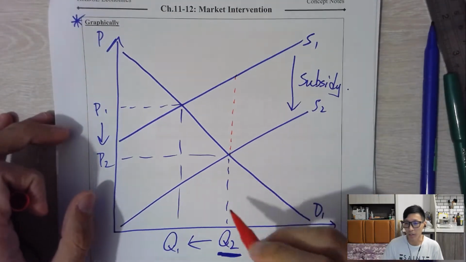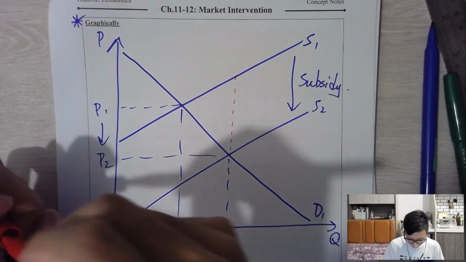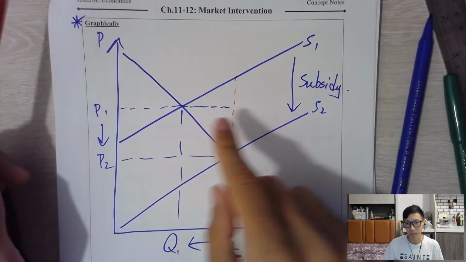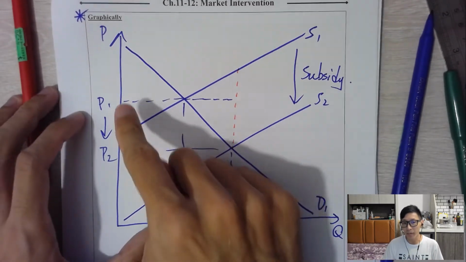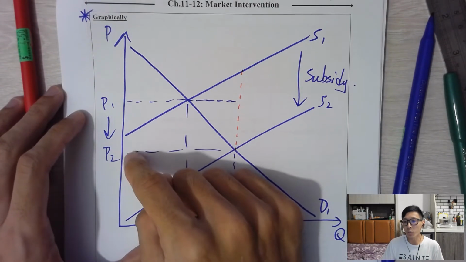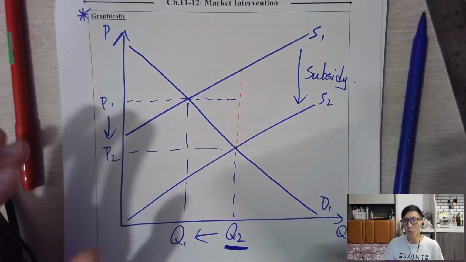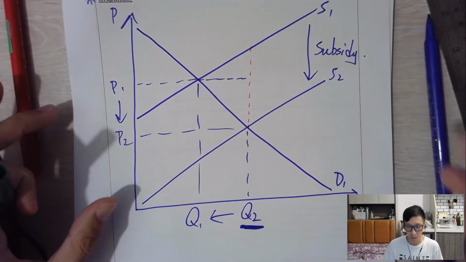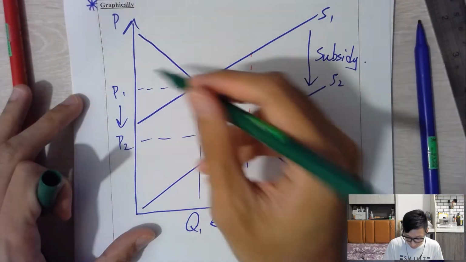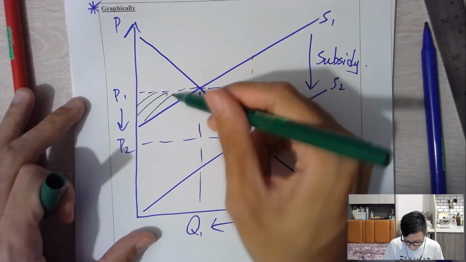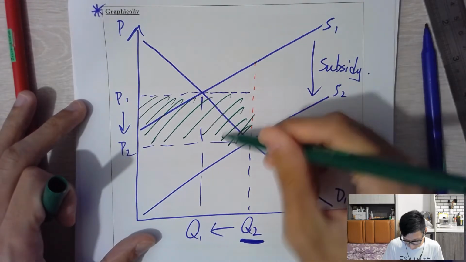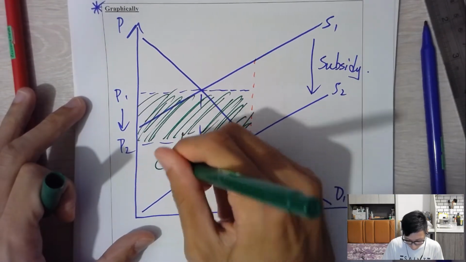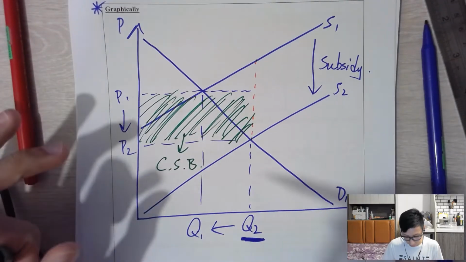Q2 has to be moved up here. And P1, let's all go to here. Remember, we already mentioned, if it is a drop in price, who would benefit? Actually, the consumer would benefit. So this green part is what we call consumer subsidy benefit.